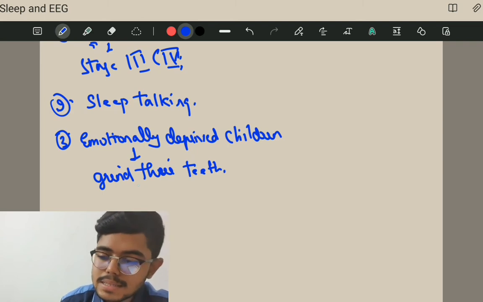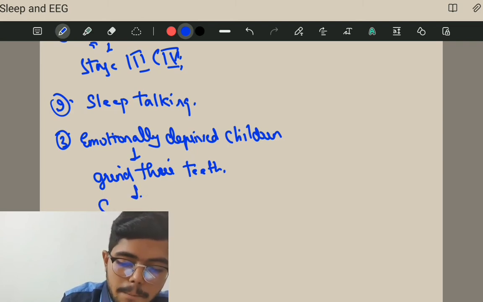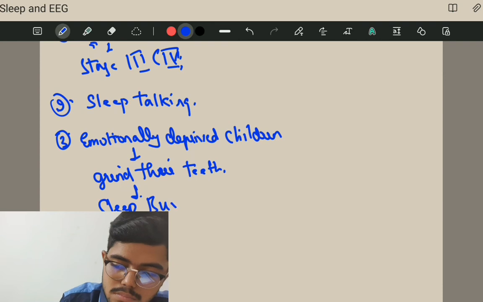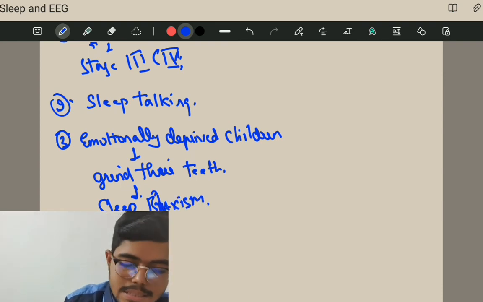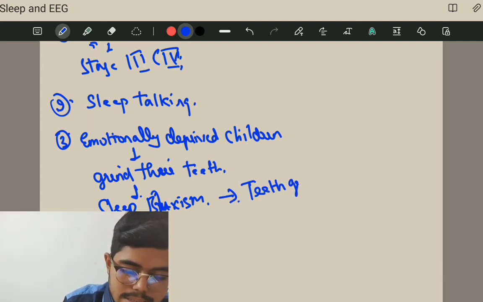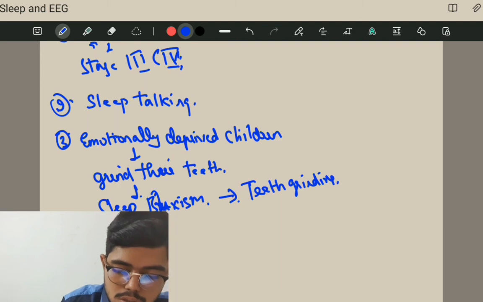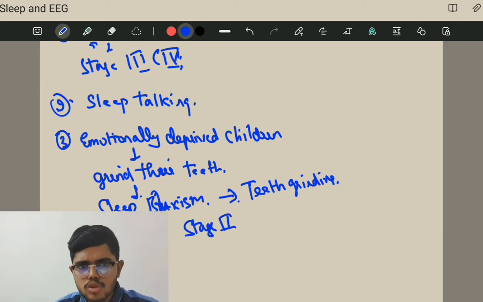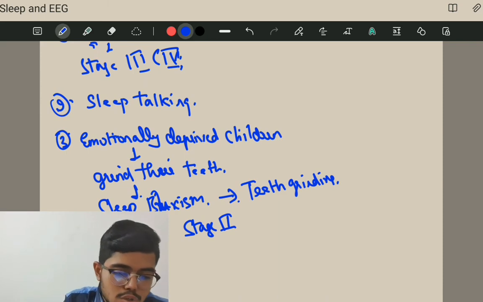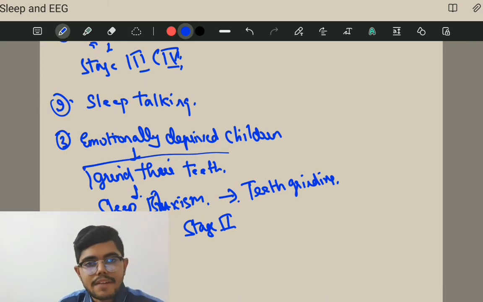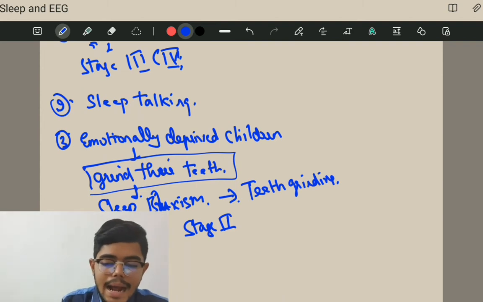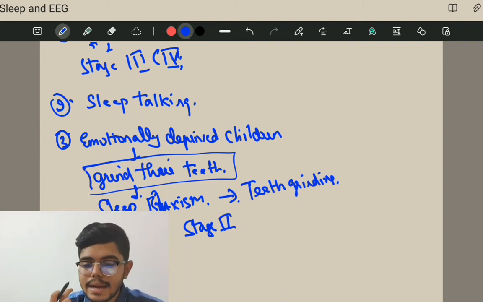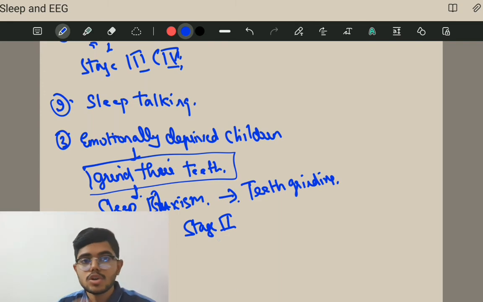That we call sleep bruxism. Bruxism means teeth grinding, and it is seen in stage 2 of NREM sleep.